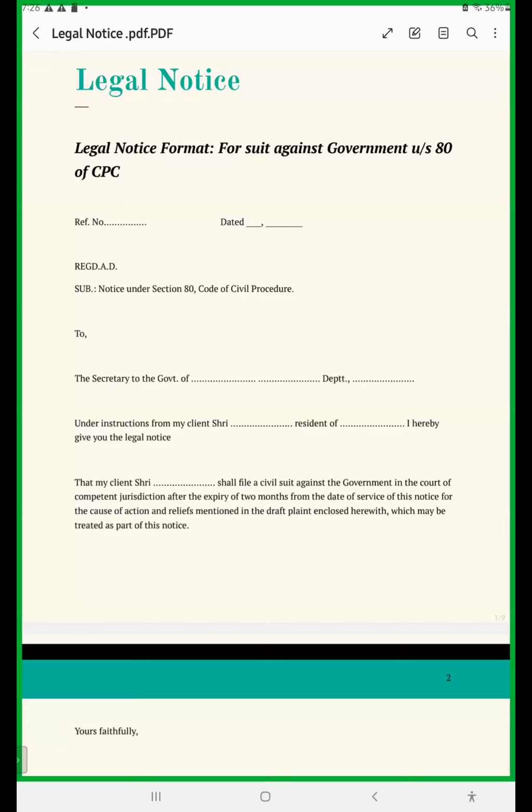Okay, next is a bench warrant. Okay, can you tell me what is a bench warrant, everyone? Do you have any idea what is a bench warrant? Any one of you?